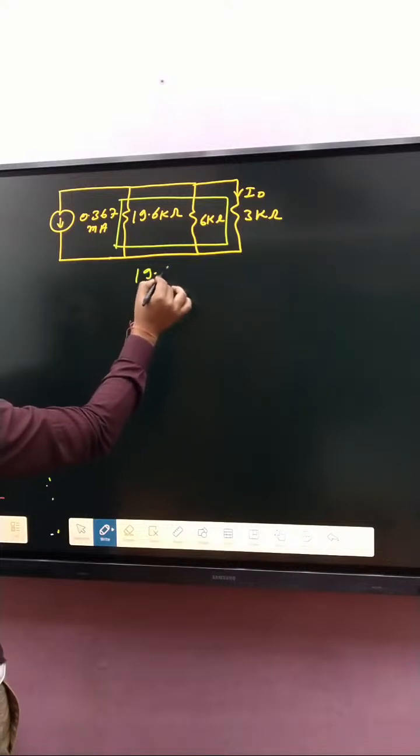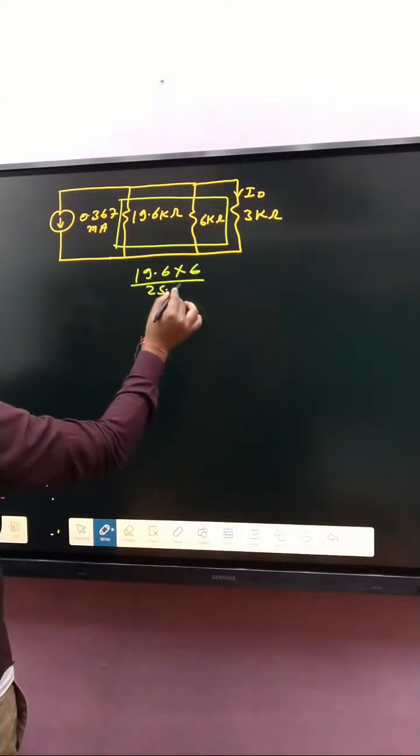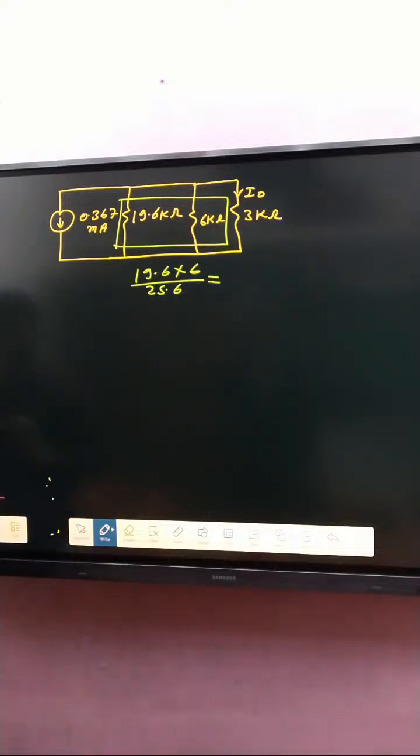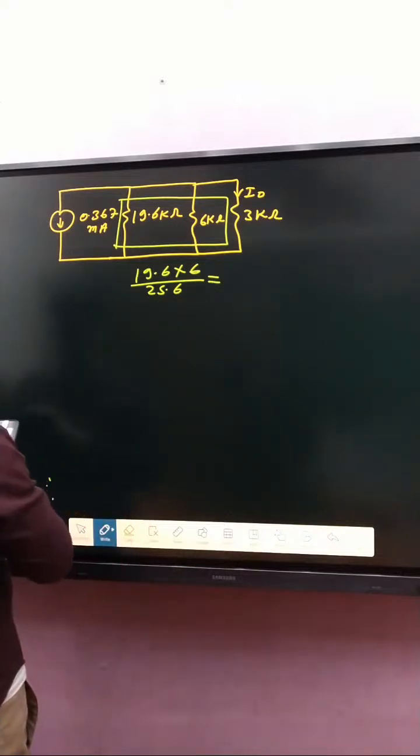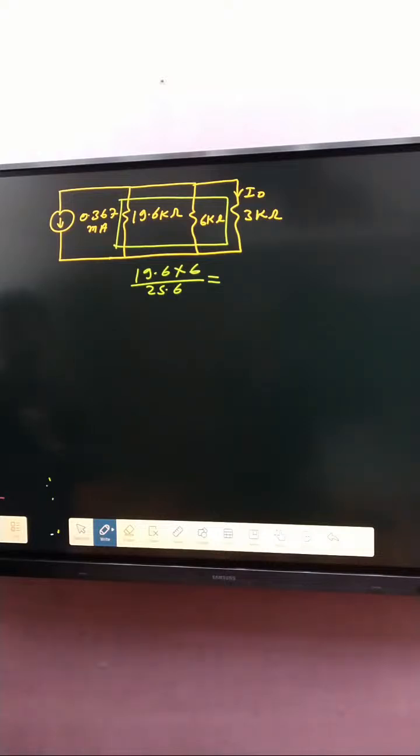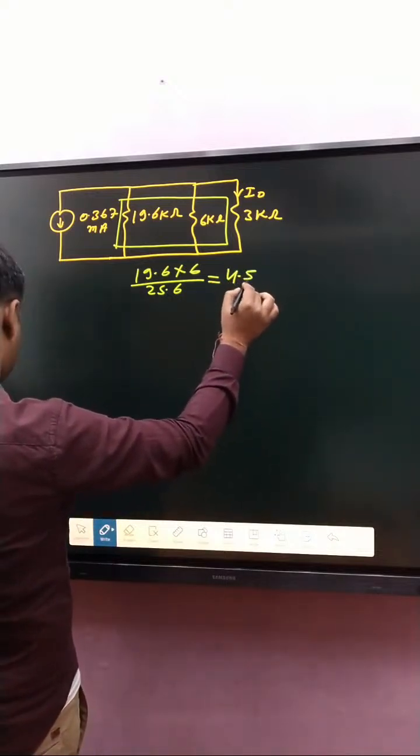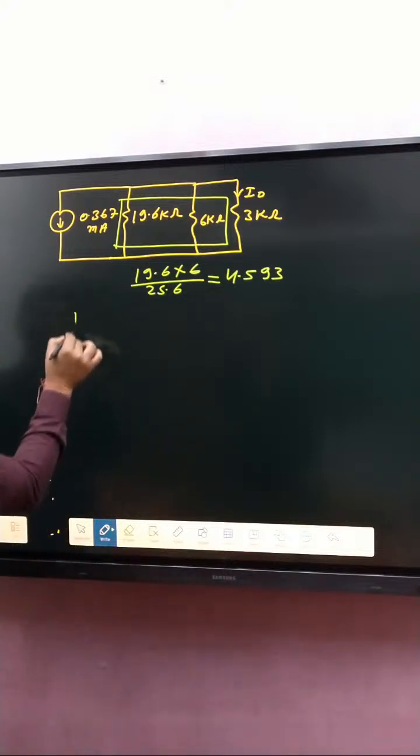Parallel combination 19.6 into 6 divided by 25.6. 19.6 into 6 is 117.6 divided by 25.6. That is how much? 4.593.